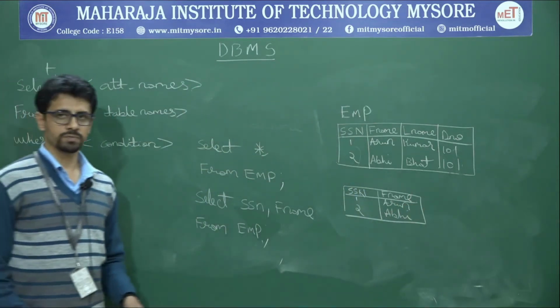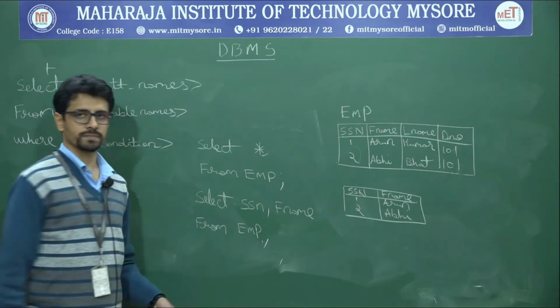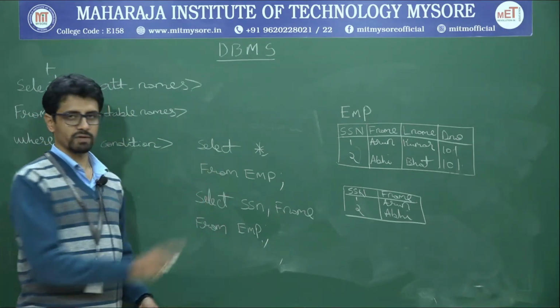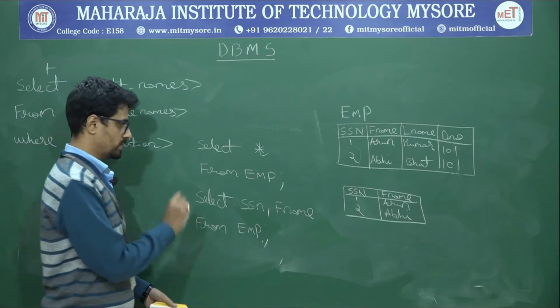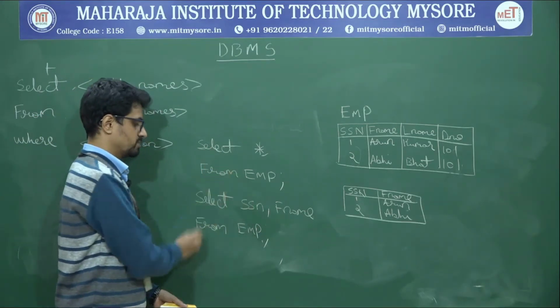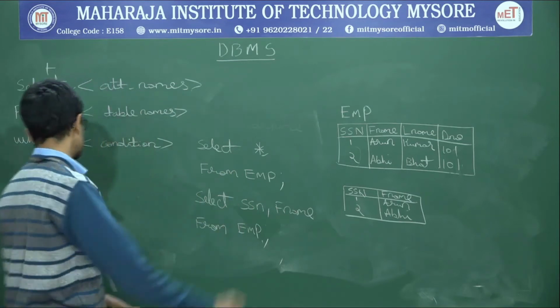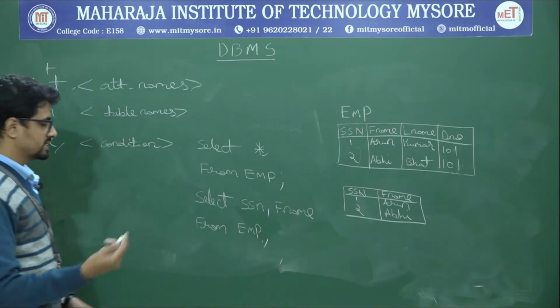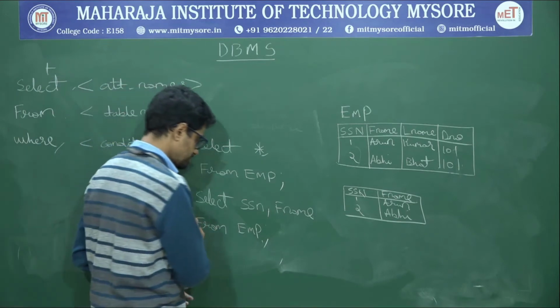So this will be the output when you execute this. So this is the basic retrieval query. Please have an insight of what I am saying right now. Select specifies the attributes, from specifies the table name. Now where does this where come into the picture? Let us see some examples of it.